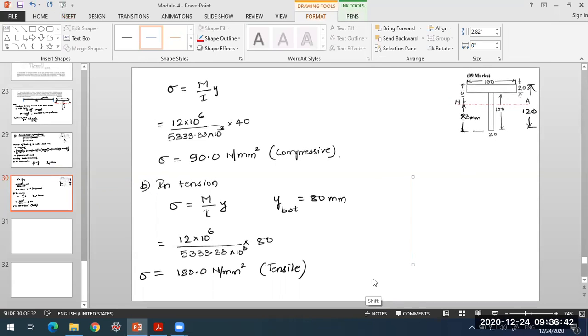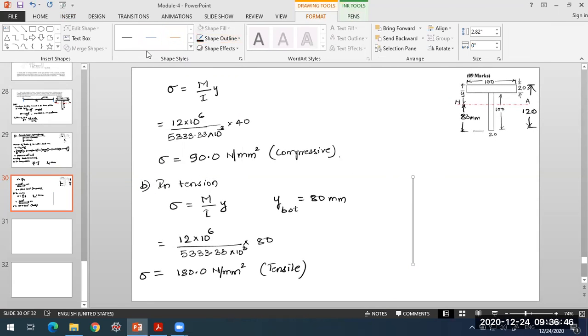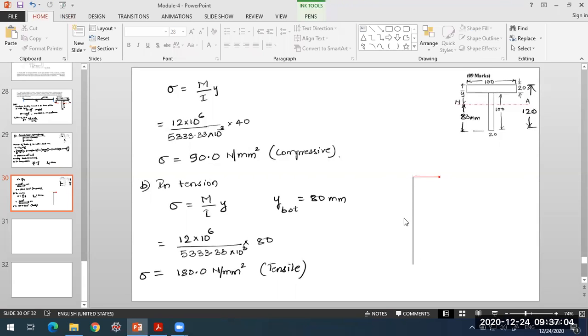On the top we have the compressive stresses. You can choose any one side as compressive stress. The maximum compressive stress was 90 Newton per mm square, so this arrow is representing the compressive stress. I've taken compressive stress towards the right. That is the direction I have chosen.